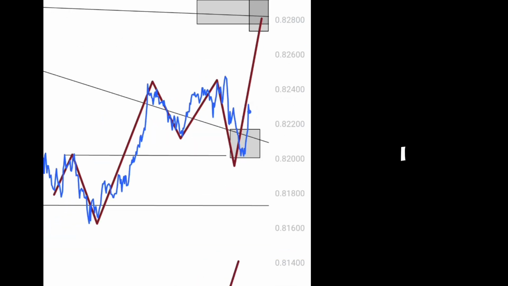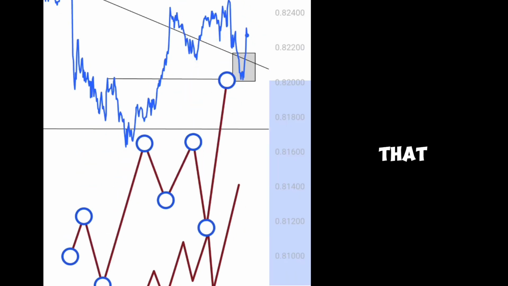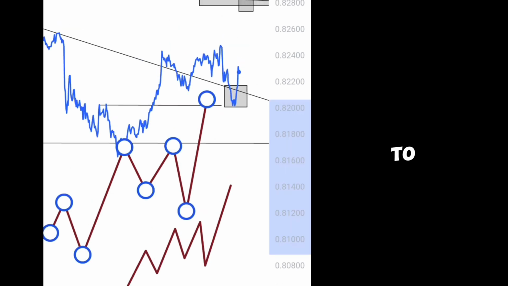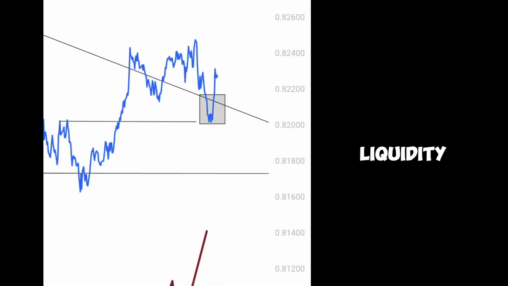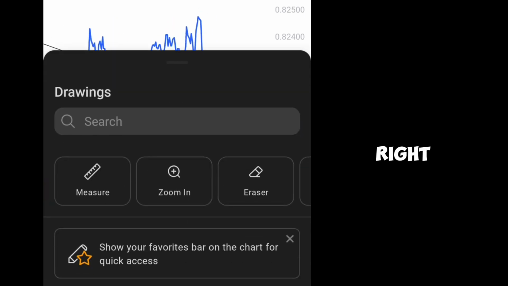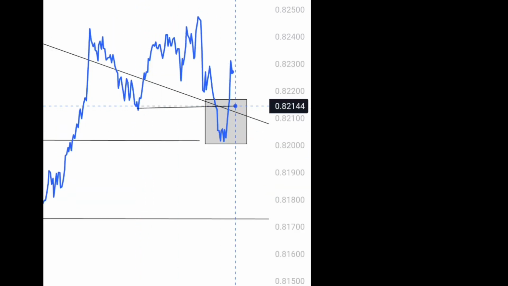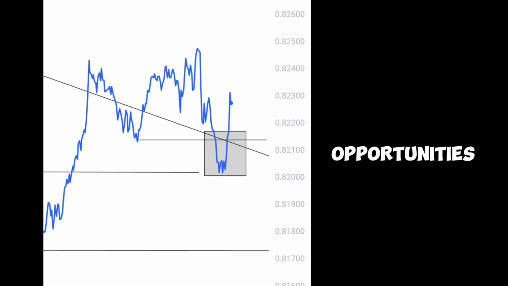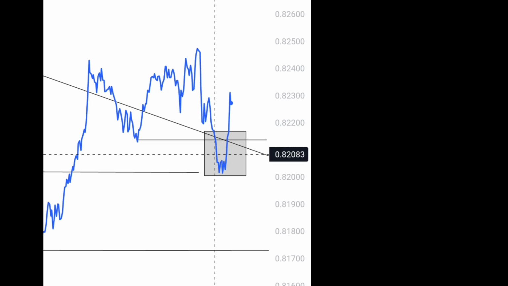Okay, so if I bring that close to this, you would see that they are similar. Okay, so I want liquidity to be taken out, which of course liquidity was taken out right here on the line chart. Okay, so I would have looked for opportunities around that area.